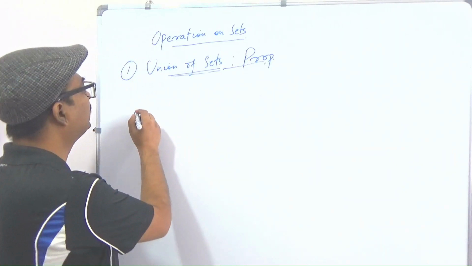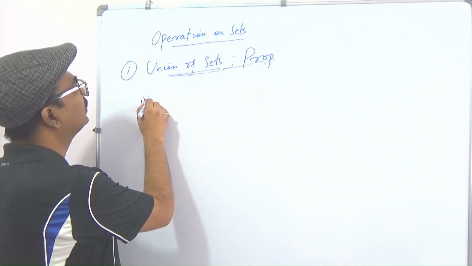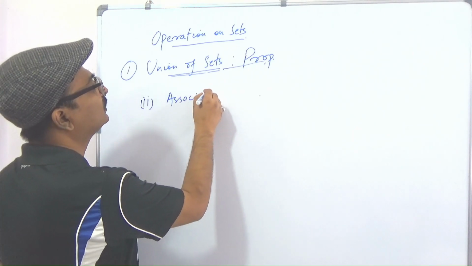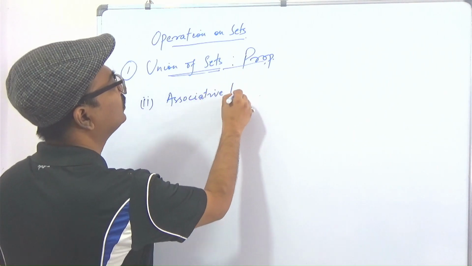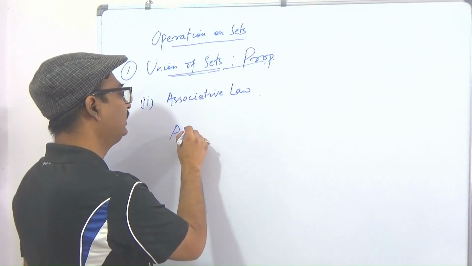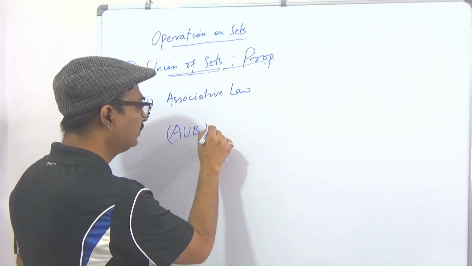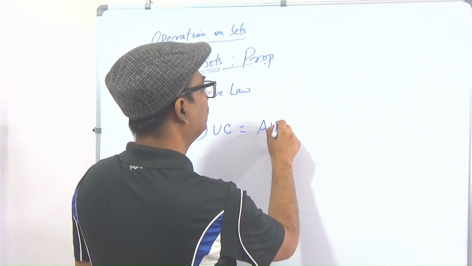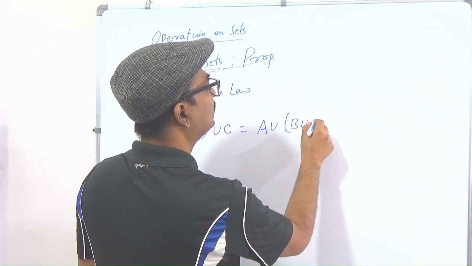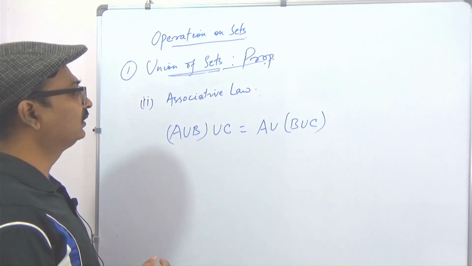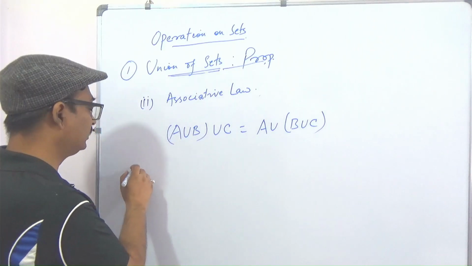Second property is called the associative law. What is associative law? It says (A union B) union C is equal to A union (B union C). Very clear? Let's see an example to understand it.